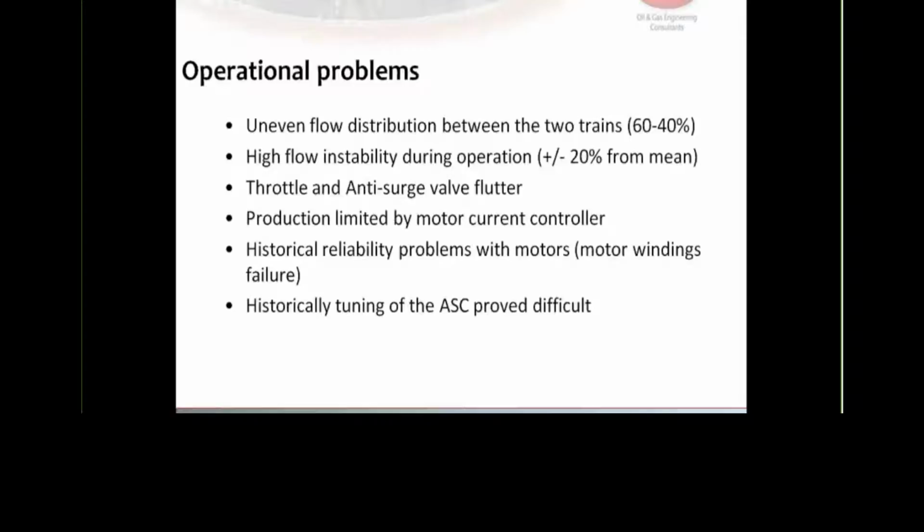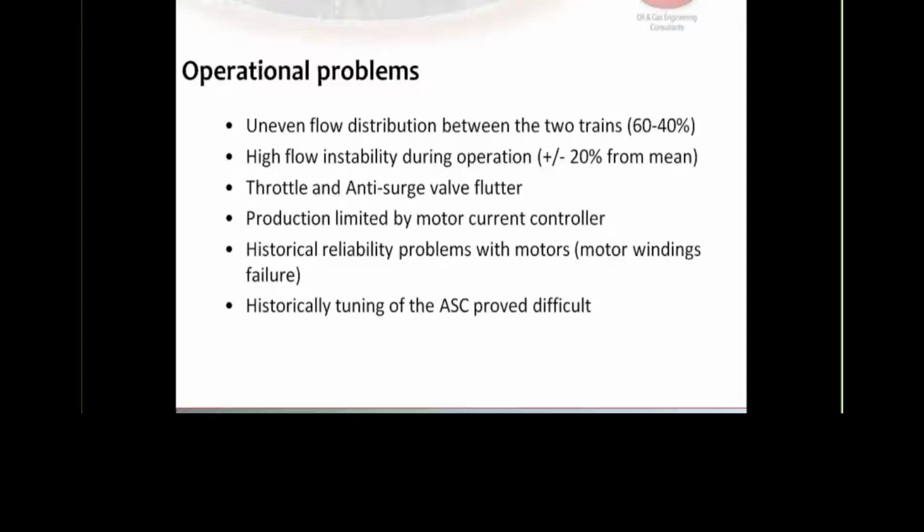Obviously, the throttle and the anti-surge valve were fluttering, constantly opening and closing. The production was limited by the motor current controller, and they had some historical reliability problems with motor winding failure. We were also told during the study that tuning was quite difficult to achieve for the system.